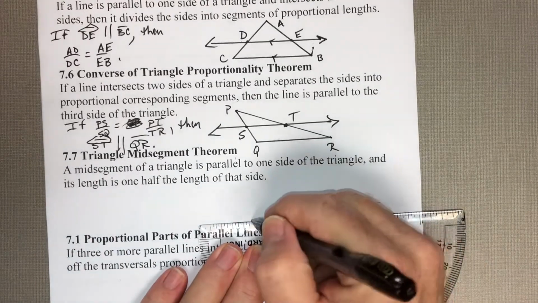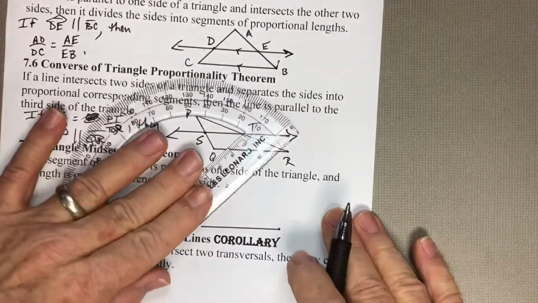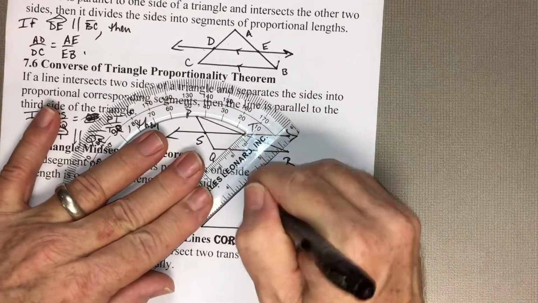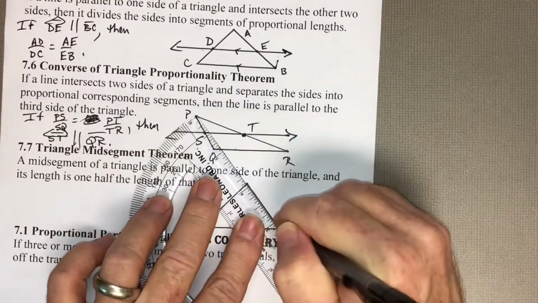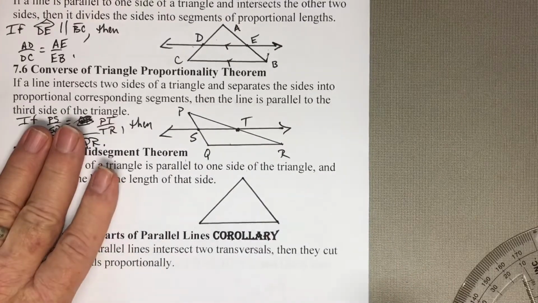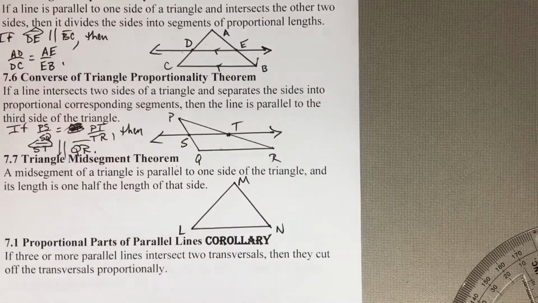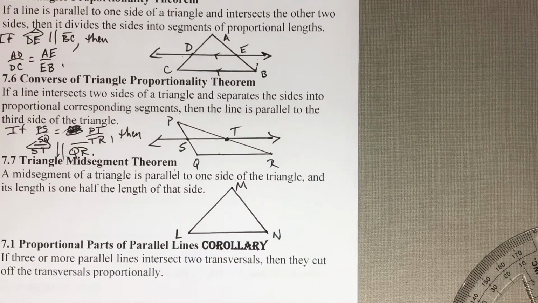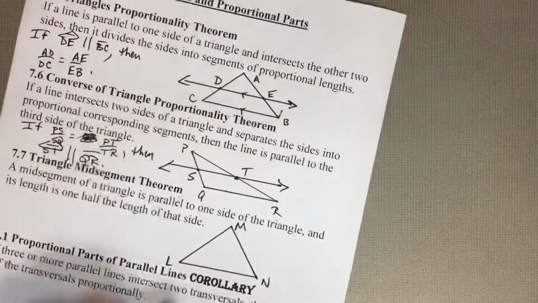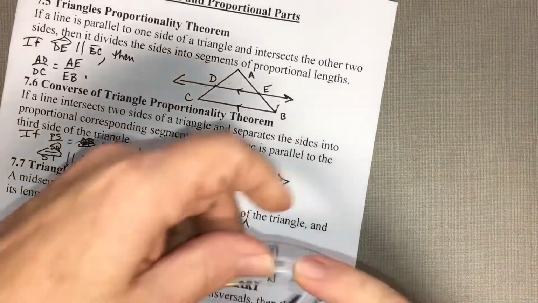All right, let's start with a triangle. Just any old kind of triangle would do. Let's call this triangle LMN. I'm going to locate the midpoint of segment LM and segment MN. Let me do that real quick.